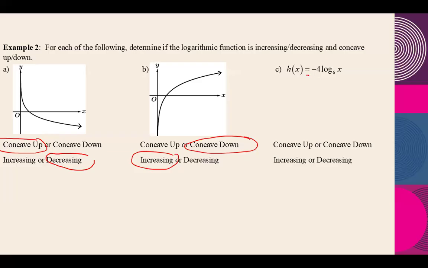The A, and our A is what? Our A is negative, which means that it's going to be a decreasing situation. Does that make sense? All right, so what are we doing? So it's same as A, concave up, and it is decreasing.